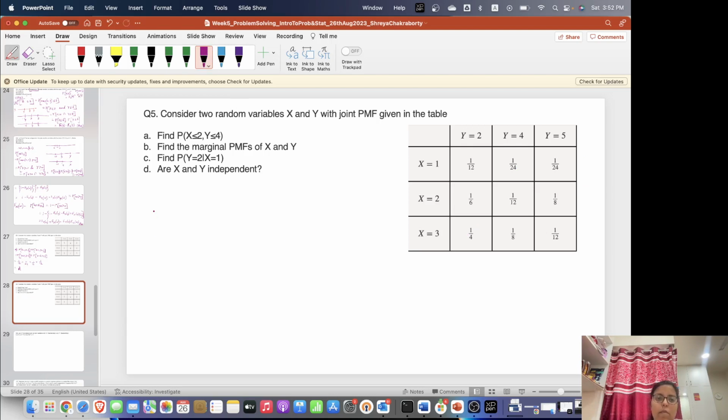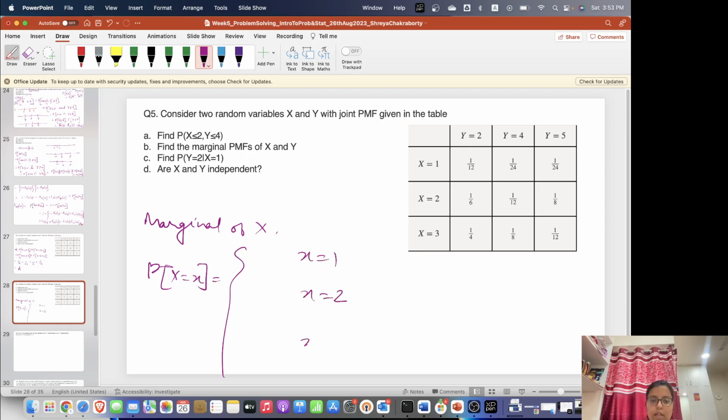Okay, so then probability, how should I write? Let's say we are finding out the marginal of x. So then x equal to 1, x equal to 2, and x equal to 3. For 1, what will we do?